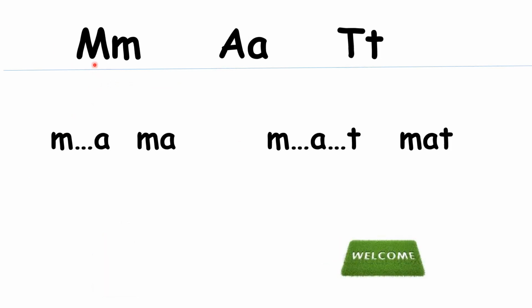So let's read the words with the beginning sound of m. Sound it first. M, a, ma. Again. M, a, ma. Next. M, at, mat. Again. M, at, mat. Now it's your turn. Sound it first.